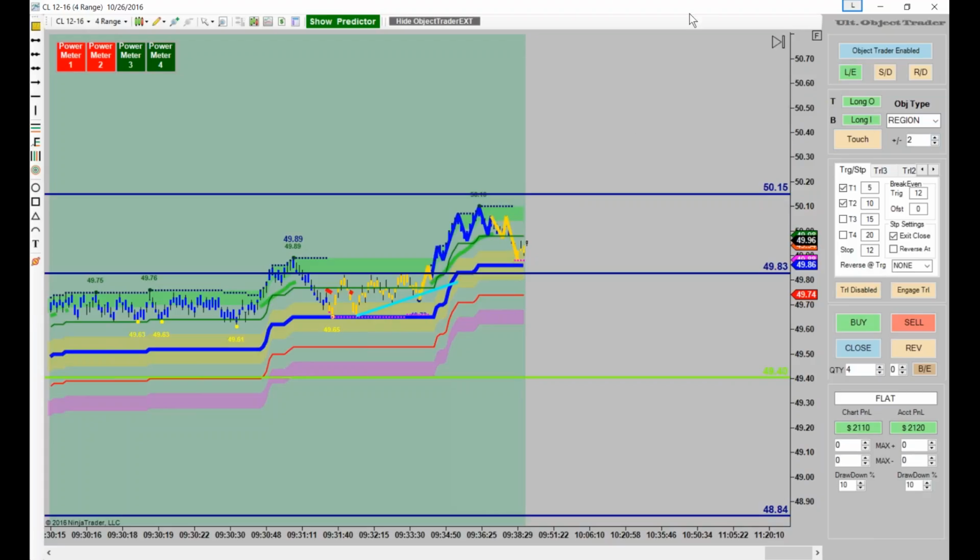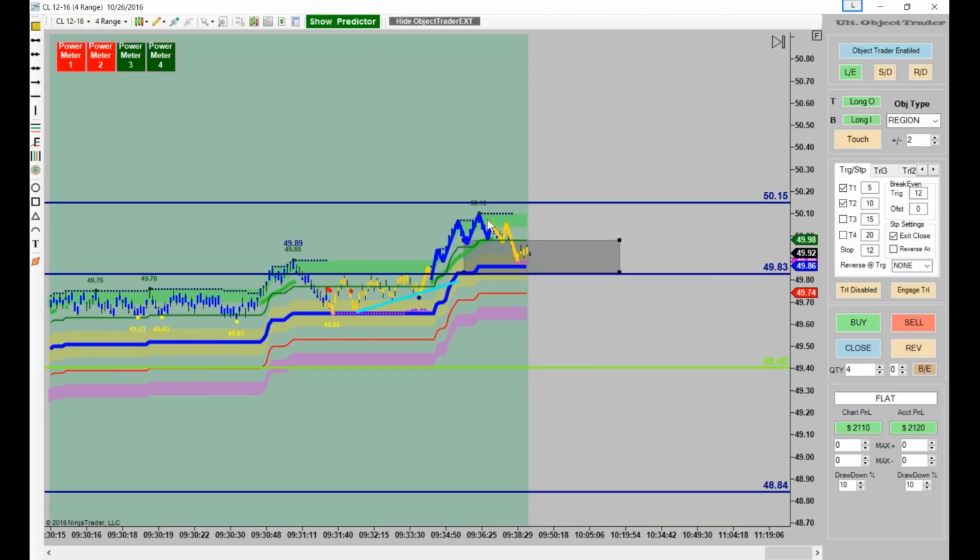Something like that, and hit my insert button, and I'd have it like this. That's resistance right across there. So let's say this did break out and I could get up here, okay? So we'll go with like 2, and we'll go with inside touch plus 2.